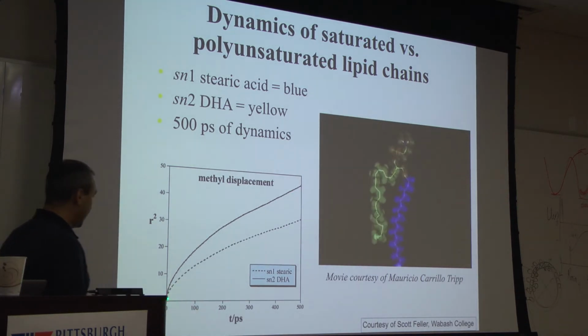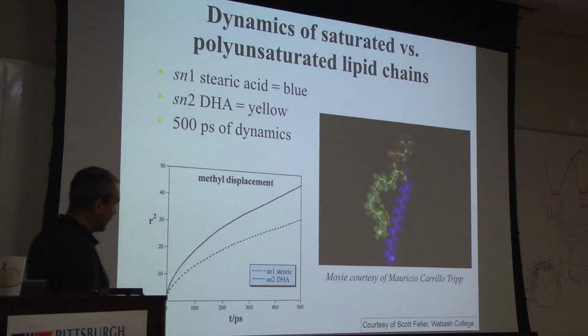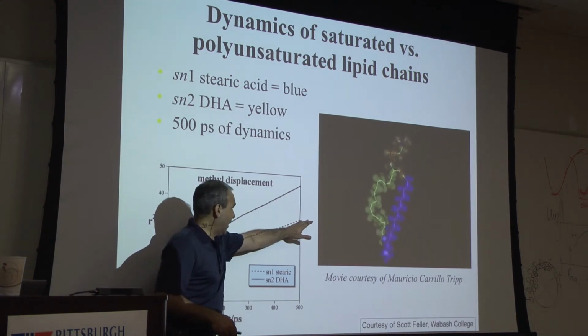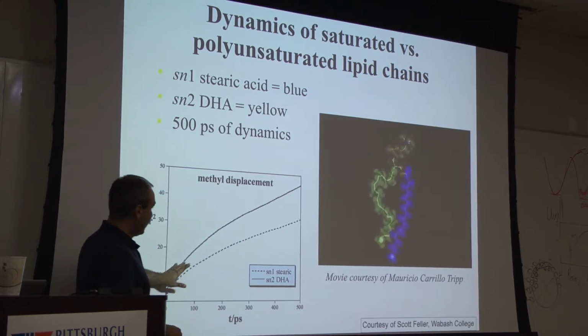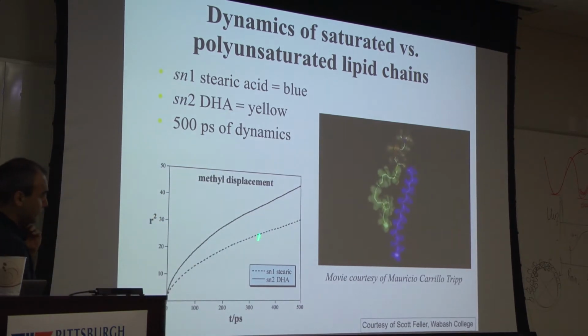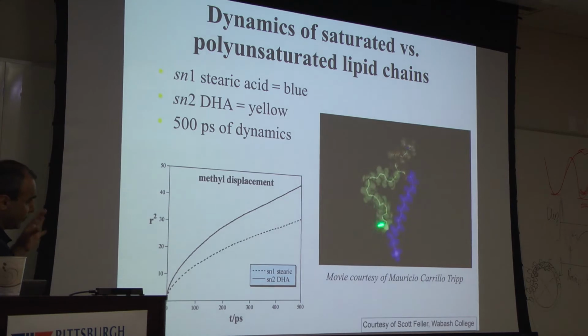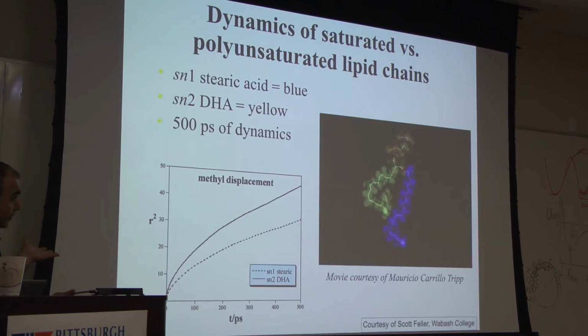If you look at the displacement of the end methyl group in these 2 tails, the stearic acid tail is much smaller over a particular time, whereas the end of DHA diffuses much more compared to the other tail. So you end up with a much more flexible unsaturated tail.